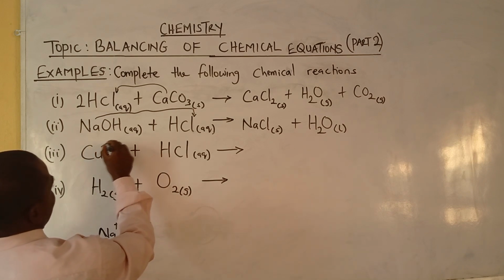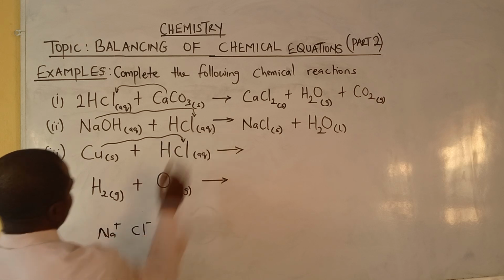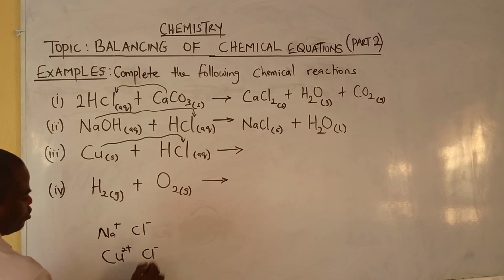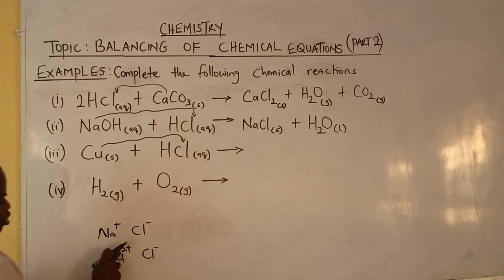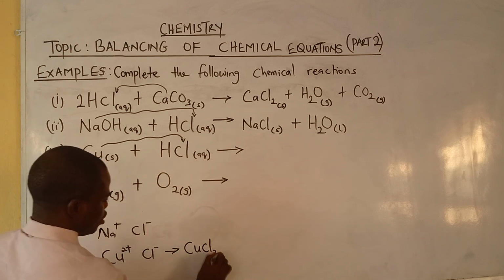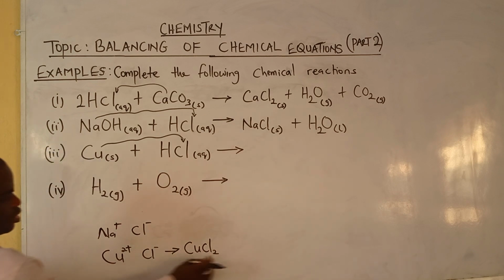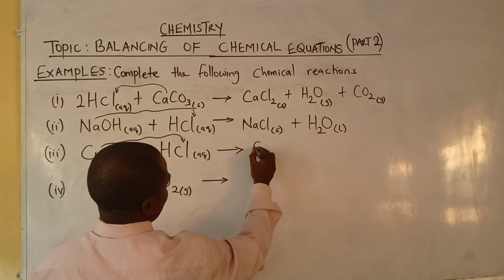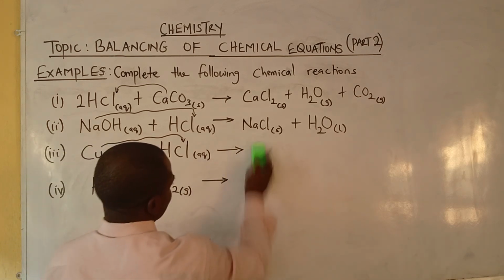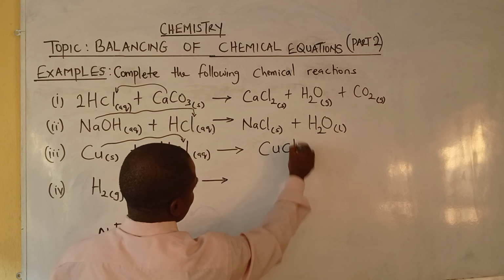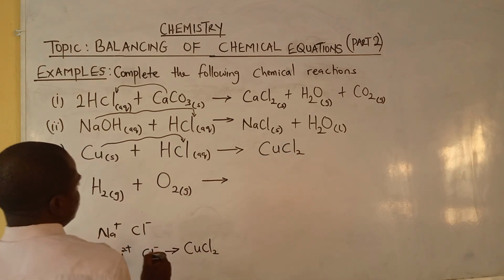Copper joins with this. Copper is 2 positive, chlorine is negative. Now these 2 will be here to tell us that it is copper 2 chloride. This 2 is for this copper here. We now form copper 2 chloride.